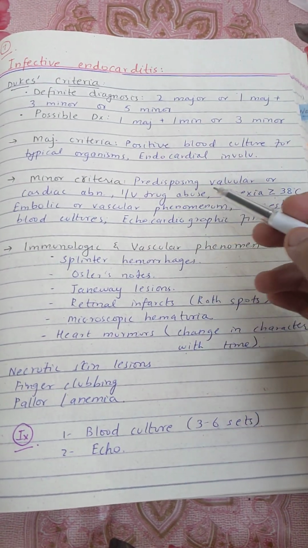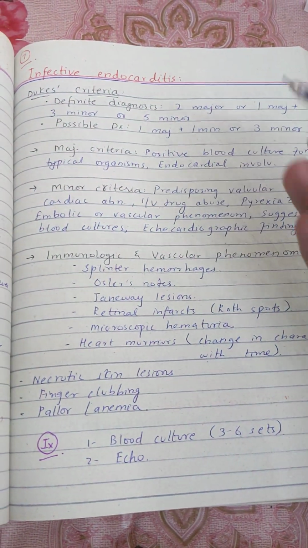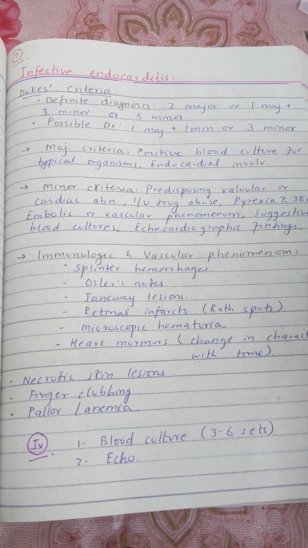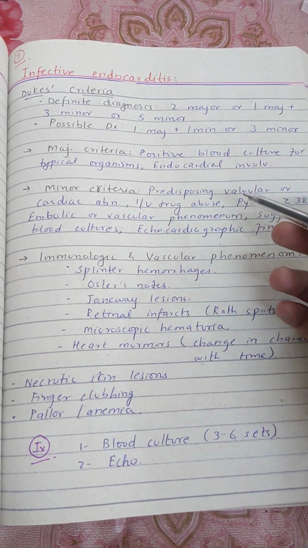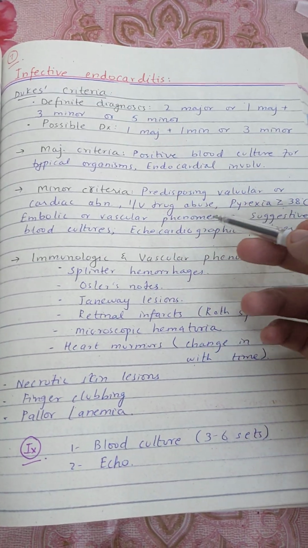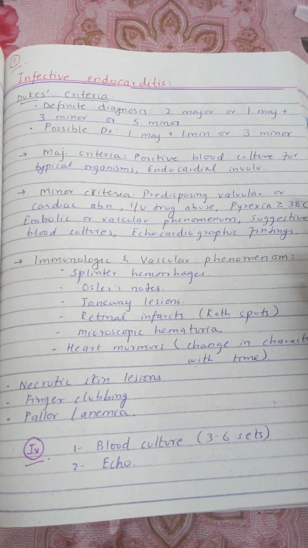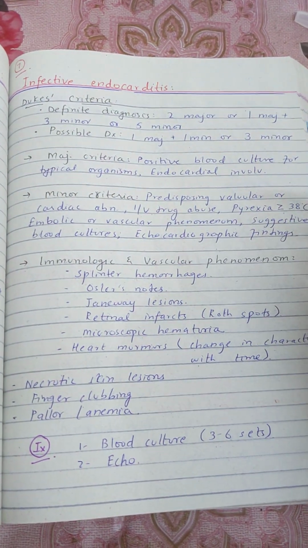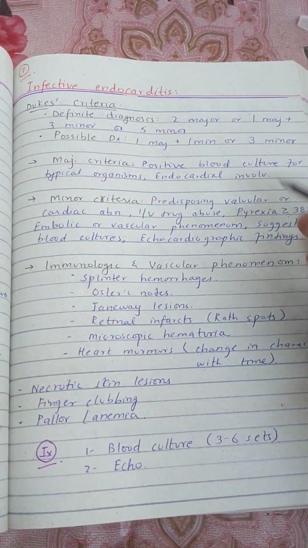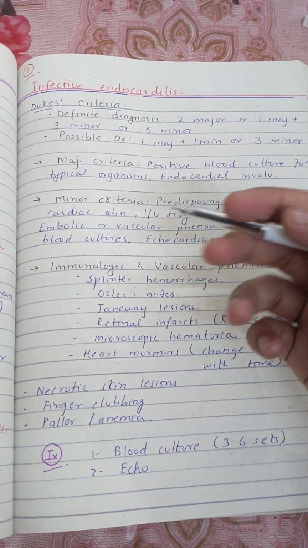These are the predisposing valvular or cardiac abnormality, for example, a child suffering from rheumatic heart disease or any congenital heart disease like VSD, ASD, etc. And if the patient is an IV drug abuser, if he is having pyrexia or fever of more than or equal to 38 degrees Celsius, if there is an embolic or vascular phenomena, or if there are suggestive blood cultures which are not typical for infective endocarditis but the cultures are positive, that will be minor criteria.